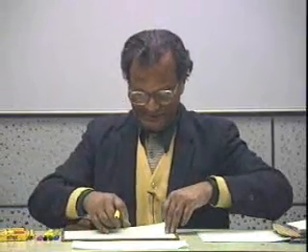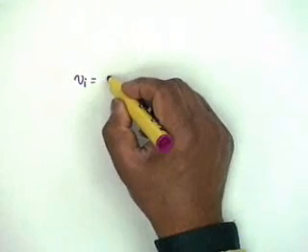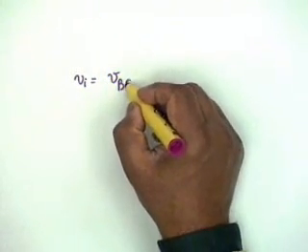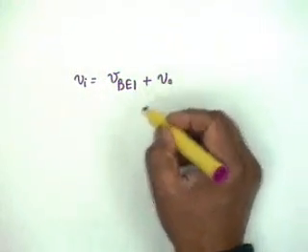Agreed? Let us write this relationship. V sub I is equal to V sub BE1 plus V0.